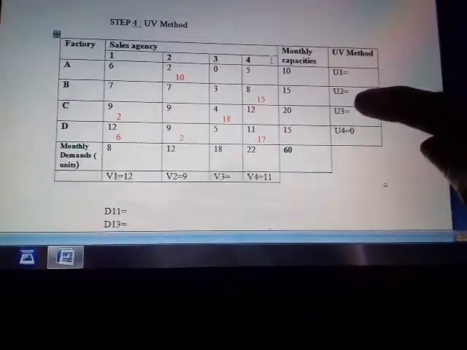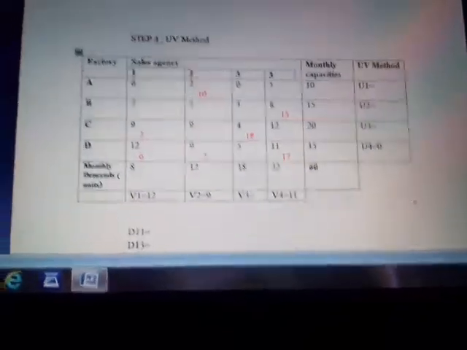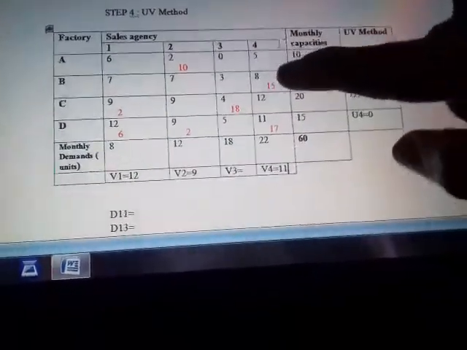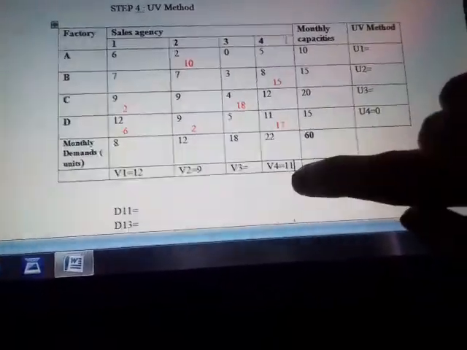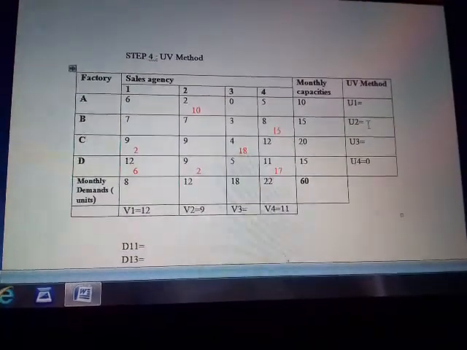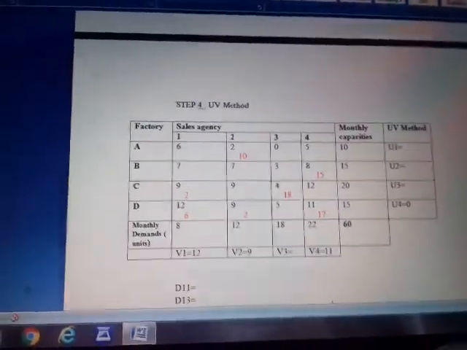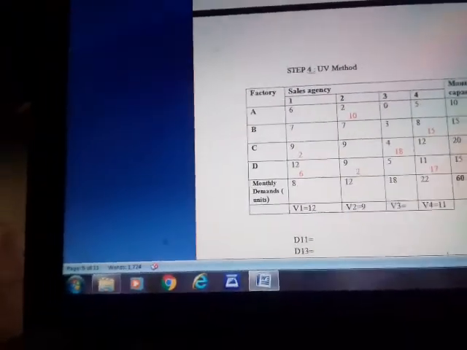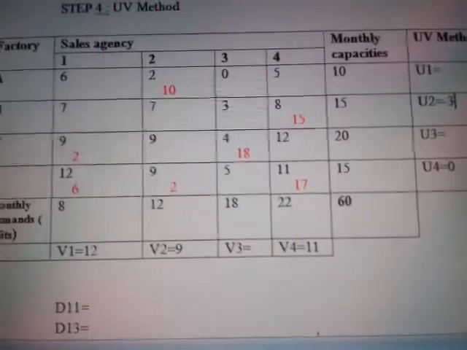So U2 you can find out. So V4 is 11 and U2 is minus 3. How do you get minus 3? 8 minus 11. So we will get minus 3. Okay, so I will get minus 3 here.